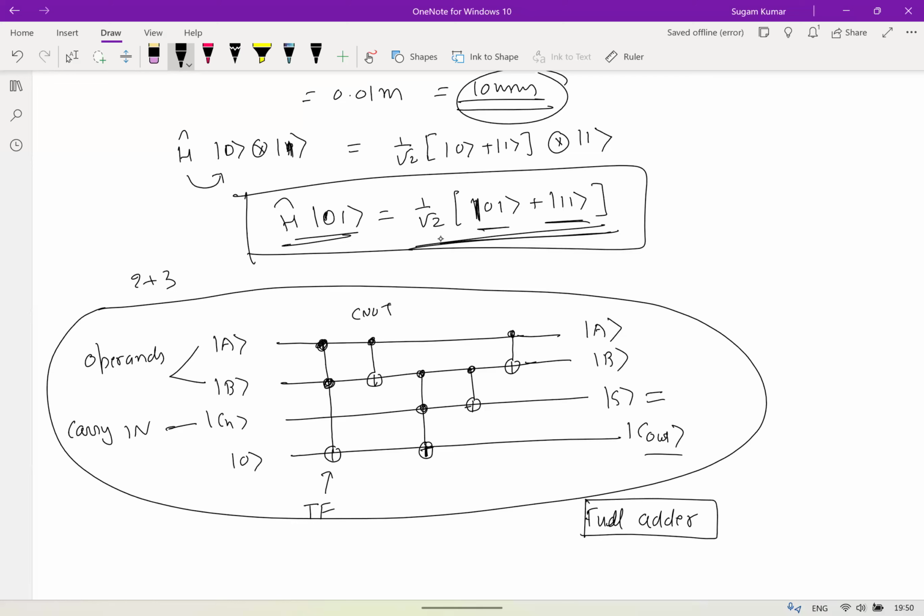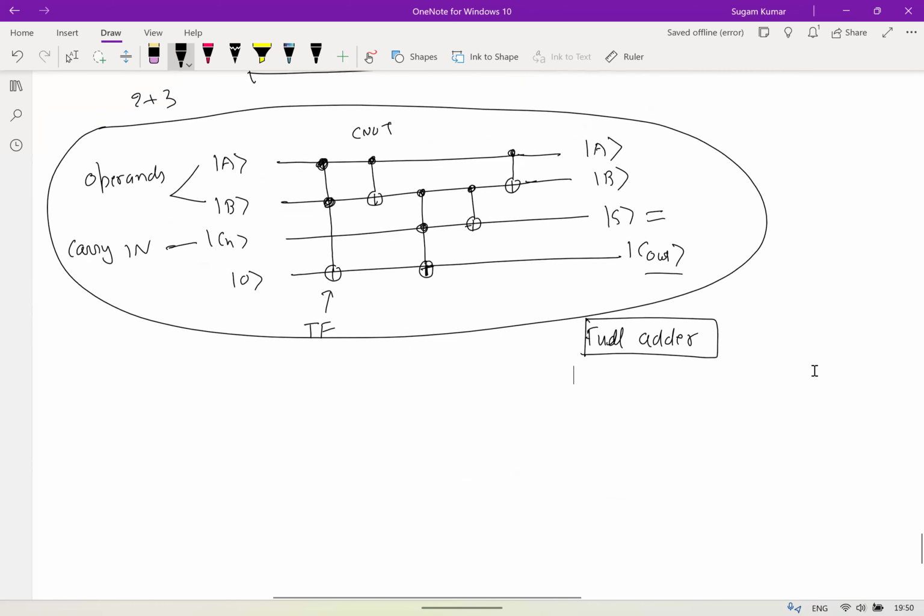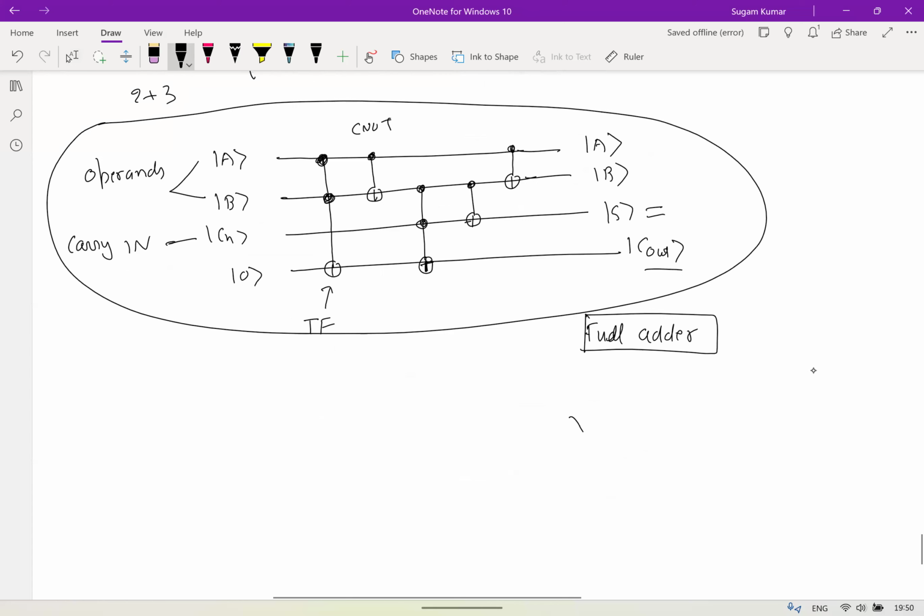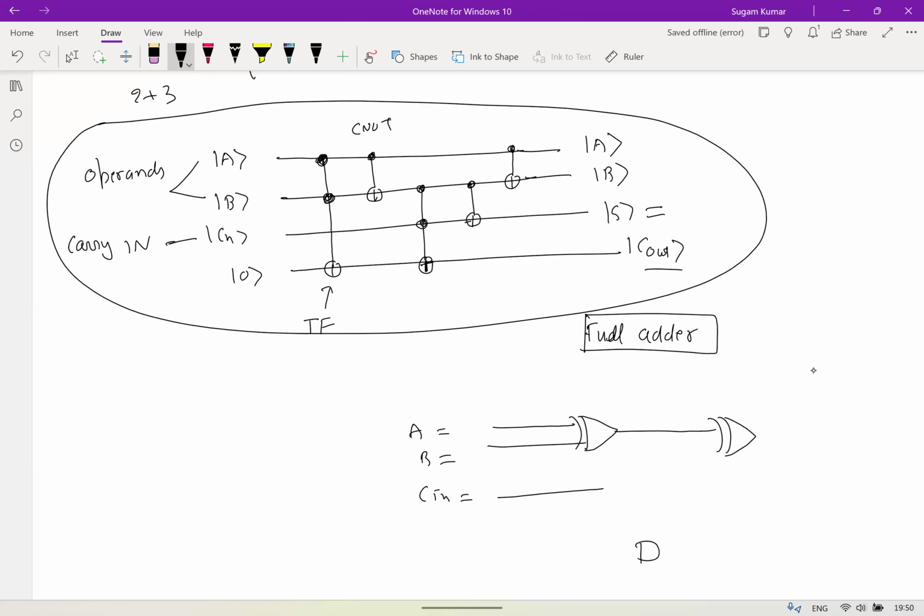For example, we use a full adder in the classical system. I think I told you yesterday how you can use an XOR gate. Here also we use three bits: A and B, and one carry bit. Then you use some AND gates. I forget the whole configuration, but this is where you get the sum out.